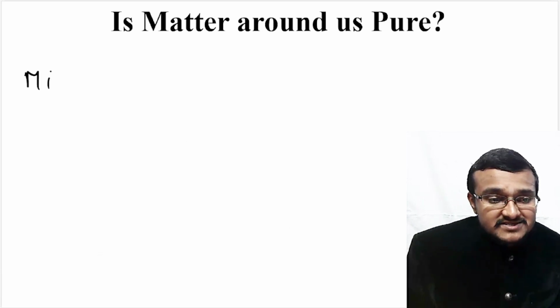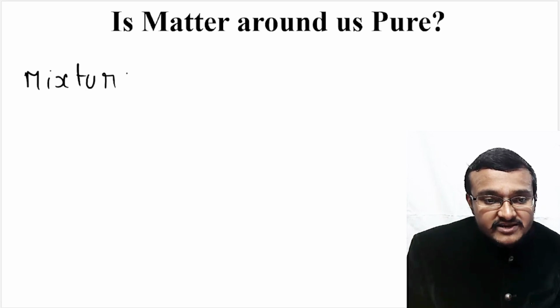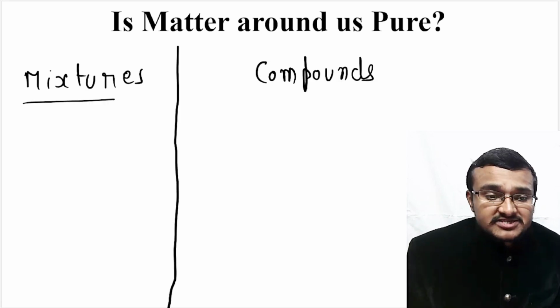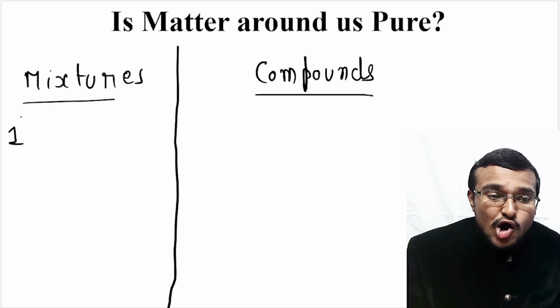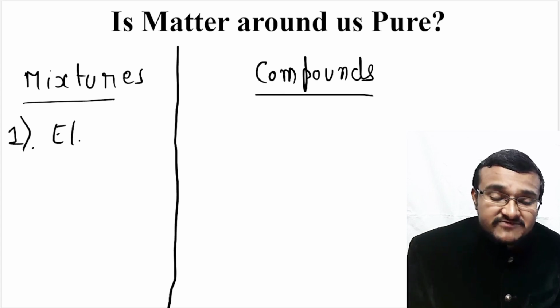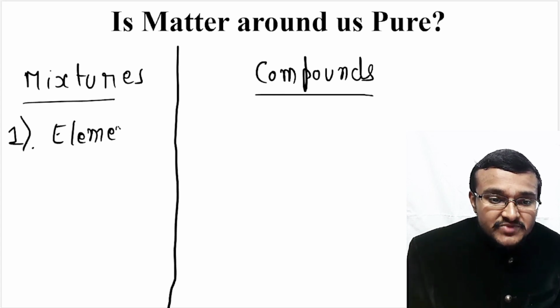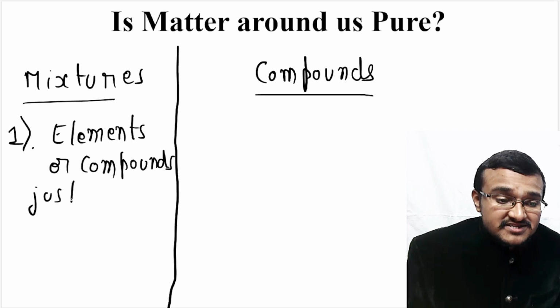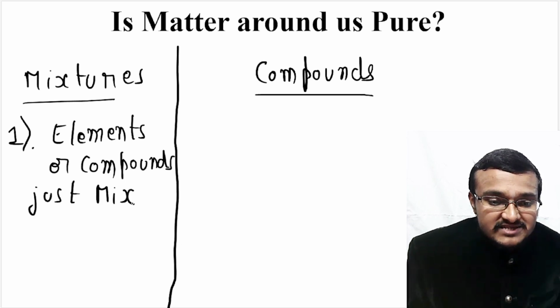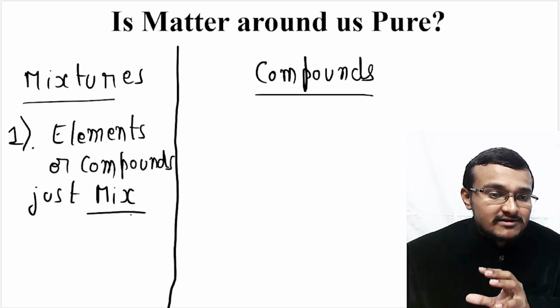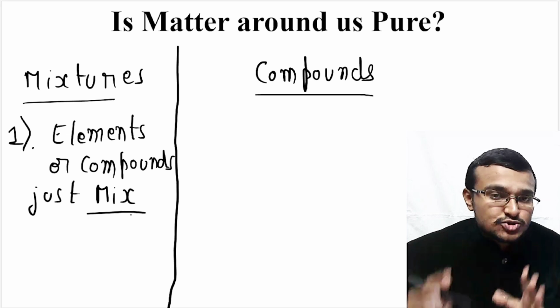Now let us see the differences between mixtures and compounds. In mixtures, two or more elements or compounds just mix with each other. There is no chemical reaction between the elements or compounds which are mixed together.